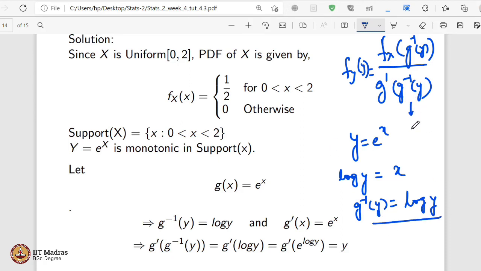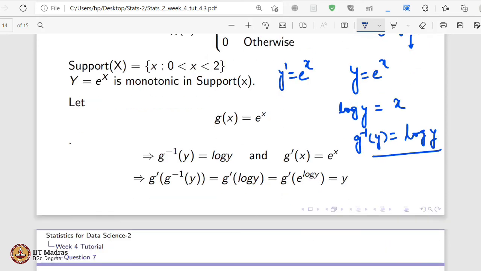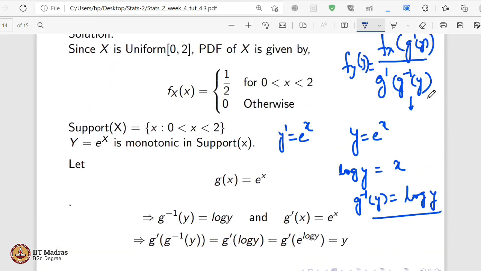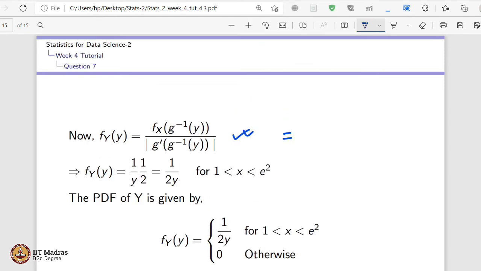Now we have to get the g dash of x. g of x we already have, so y dash. What is the value of y dash? It would be exponential of x, right? So now we can put directly all the values in this formula. So this is our formula. We can directly put it here.